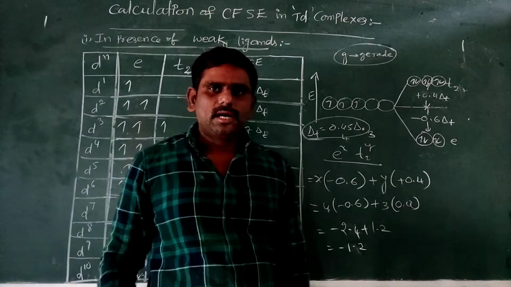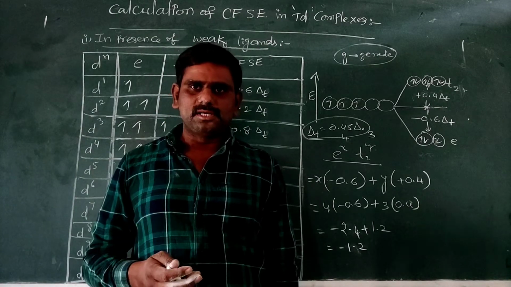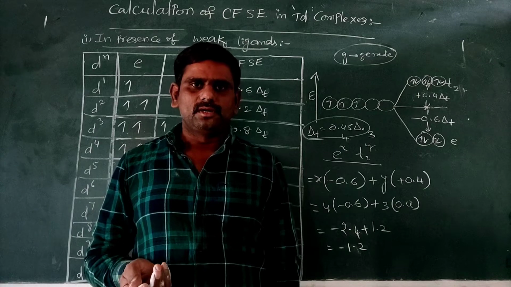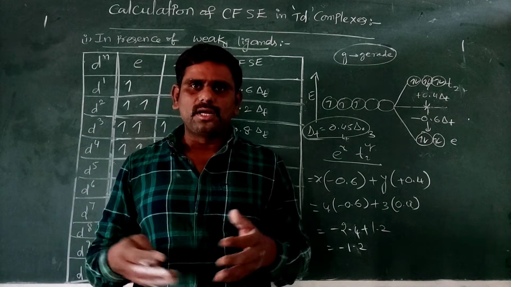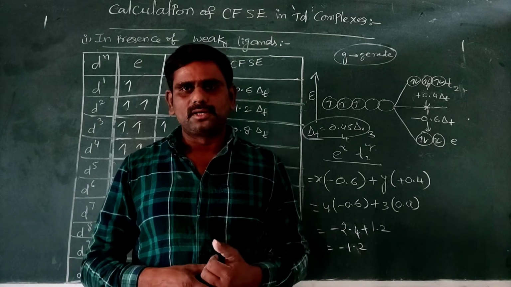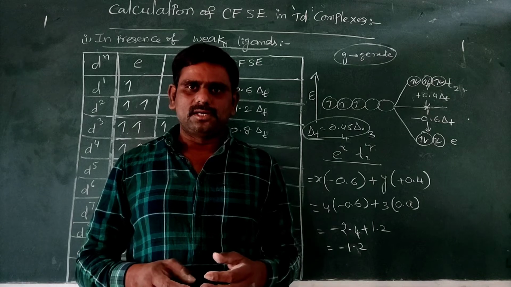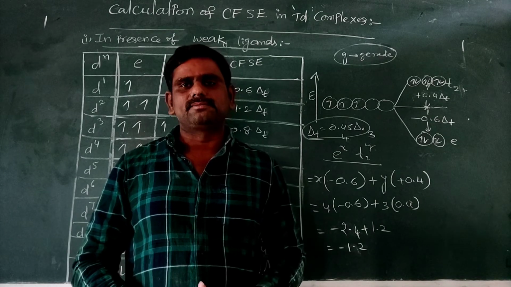Because in octahedral splitting, 6 ligands are approaching, more repulsion is there, and the crystal field splitting is more. But in a tetrahedral complex, 4 ligands are approaching, so compared to octahedral splitting the CFSE is low. That's why no known low spin tetrahedral complexes are present.